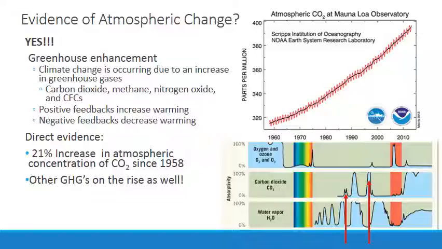Currently, the concentration of CO2 in the atmosphere is in excess of 392 parts per billion. Other greenhouse gases like methane and nitrous oxide are also on the rise. It's highly likely that human emissions have contributed to the increased levels of greenhouse gases in the atmosphere.